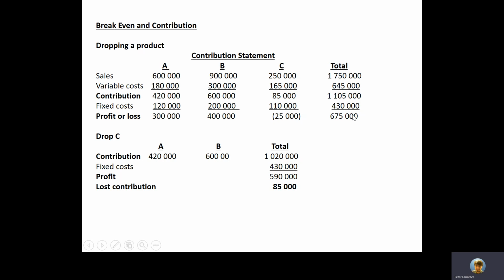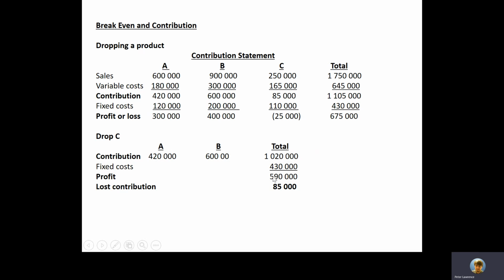Now, our total profit or loss, if we make all 3 products, is £675,000. If we stop making C, our fixed costs still remain at £430,000, and this time we'll only have the contribution from products A and B to pay off those fixed costs.